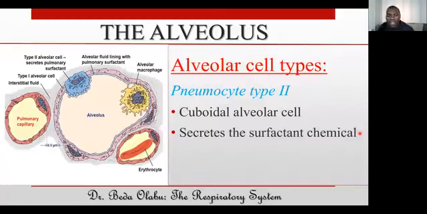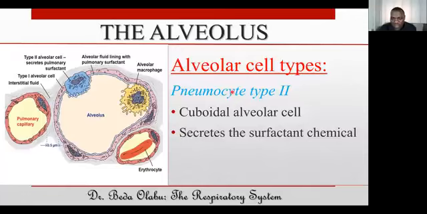But remember, Clara cells are only in the bronchioles, while pneumocyte type 2 are in the alveoli. So they are in different sites, but they still produce surfactant. The surfactant they produce might not be identical biochemically, but let's not go into that. For the sake of function, they're all responsible for reducing surface tension, hence increasing pulmonary compliance and preventing lung collapse.